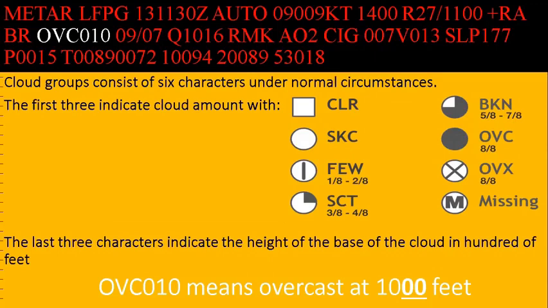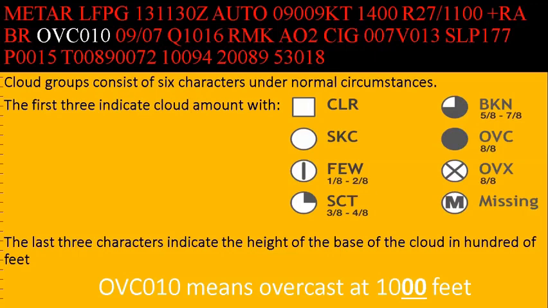If cloud covers 5 to 7 out of 8 parts, it is called broken and written as BKN. And if cloud covers 8 out of 8, so it is completely covering the sky, it is known as overcast. So it will be written as OVC.